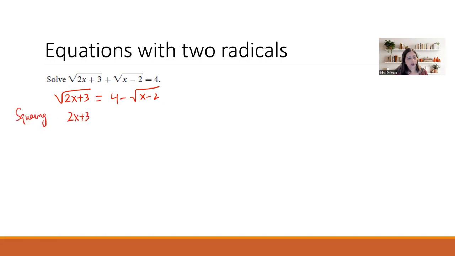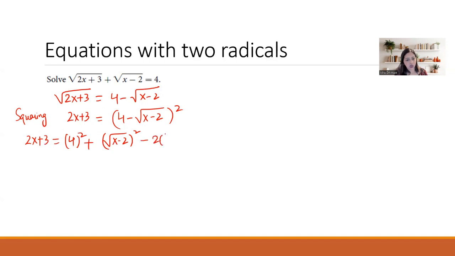So that would give me 2x plus 3 equals to, now this side is a little complicated. You have to do the square of this. Left-hand side is fine, 2x plus 3. But here, use the same formula which we used in the previous example, a minus b whole square, a square plus b square minus 2 times a times b. So 4 square is 16. Now b is already a square root, and when you're squaring it, you will be free from the radical.